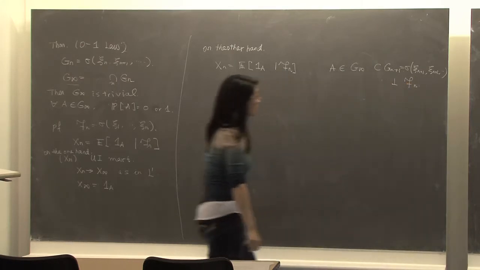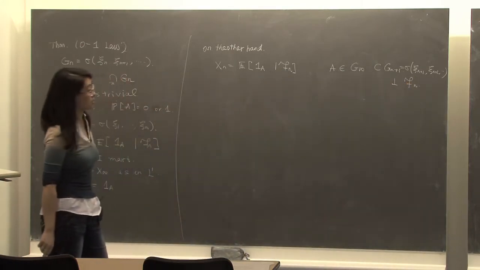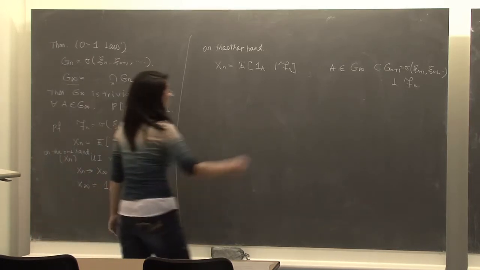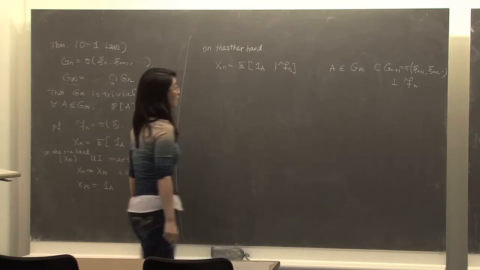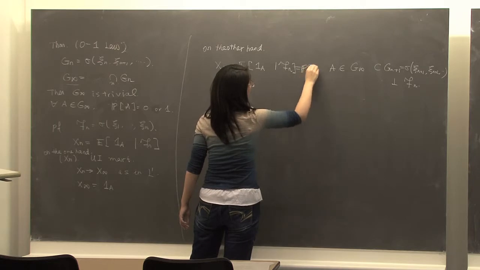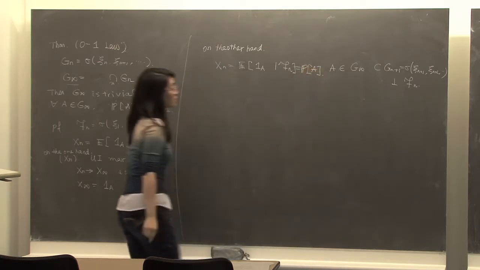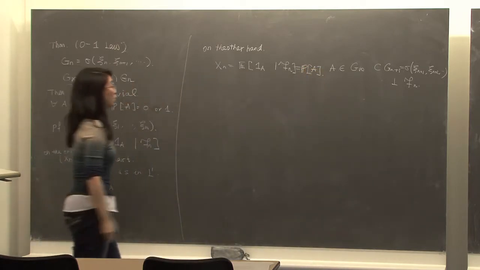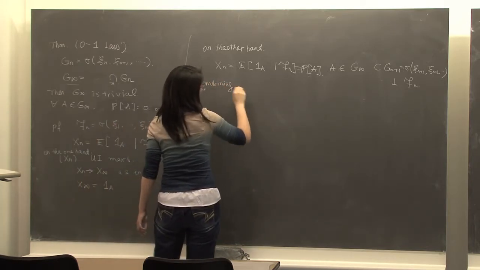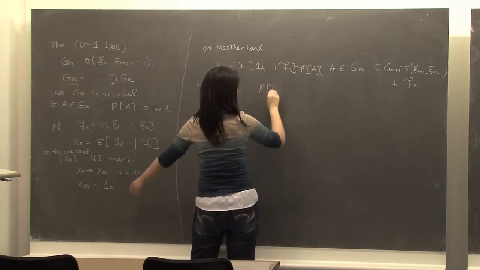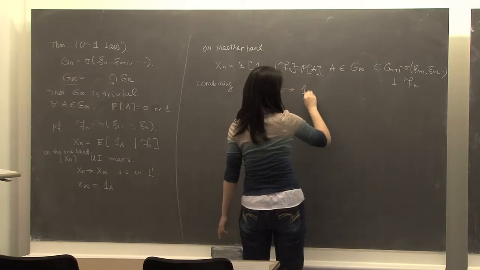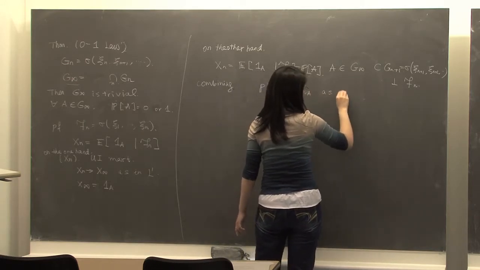So Fn is the information from 1 to n, and G_{n+1} is the information after n. So they are independent sigma algebras. And since Fn is independent of this event A, we know that this conditional expectation is still the probability of A. So combining these two parts, we know that the probability of A converges to the indicator of A, almost surely and in L1.